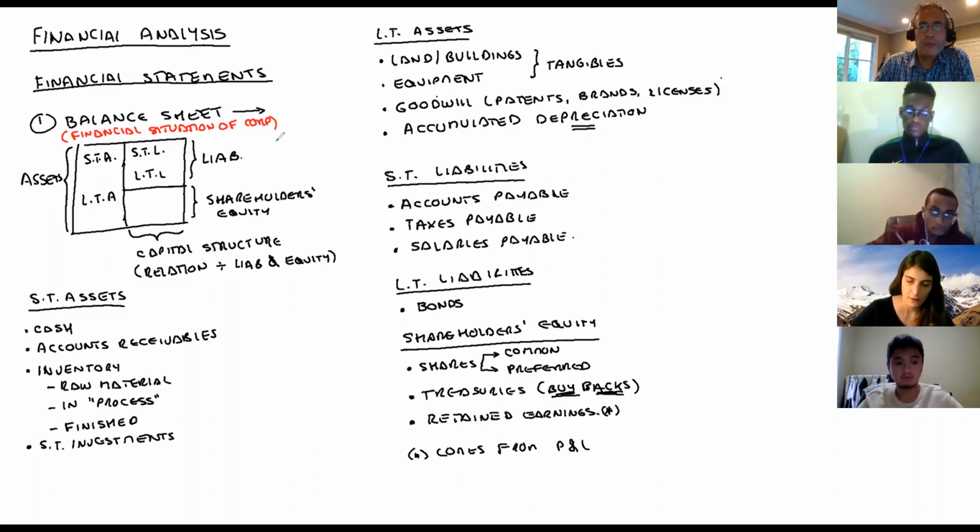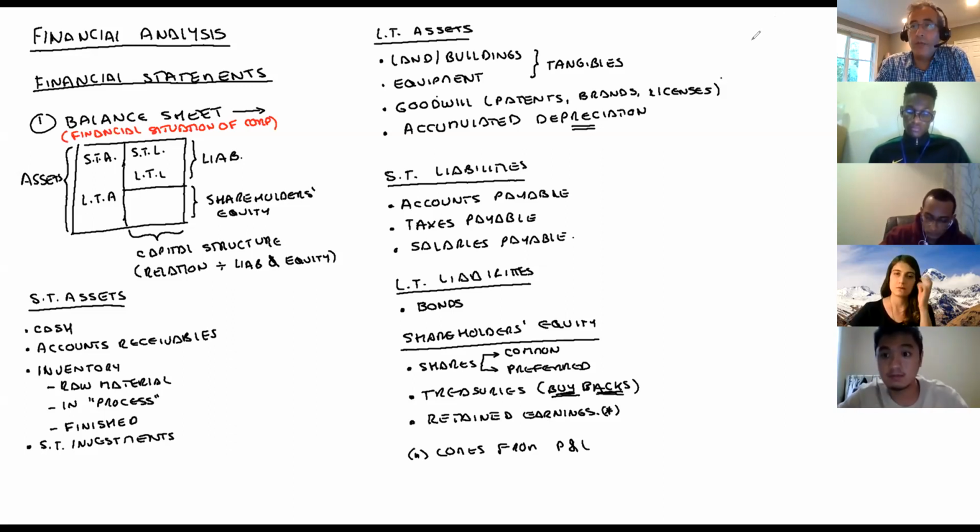Okay. Now, if we talk about the second financial statement, it is basically my P&L, what is called my profit and losses. Okay, in short, P&L.